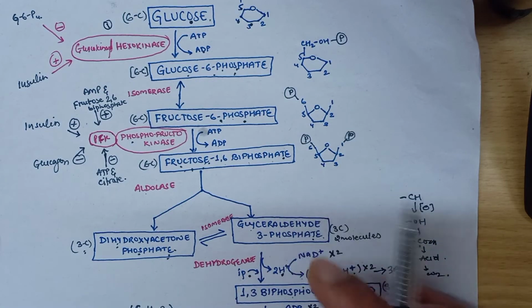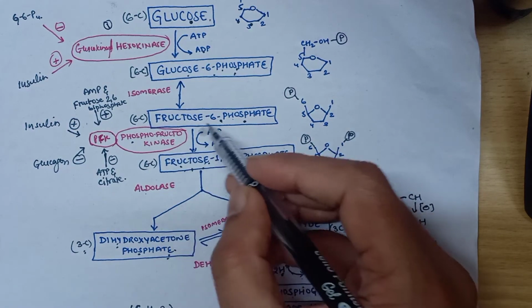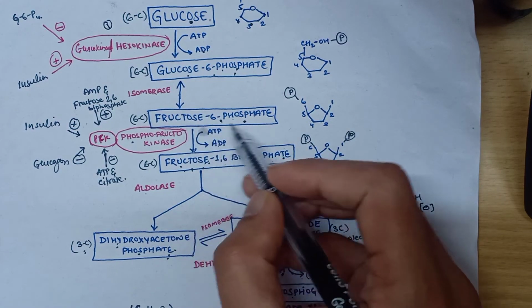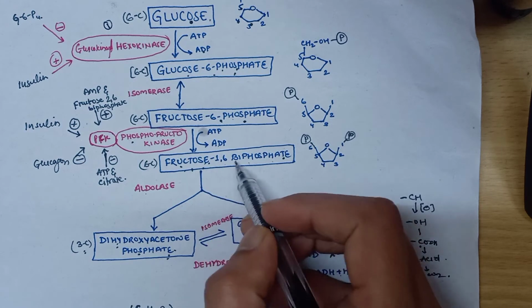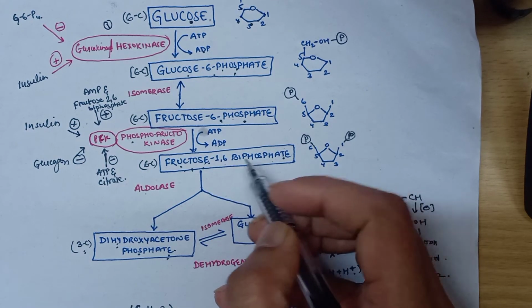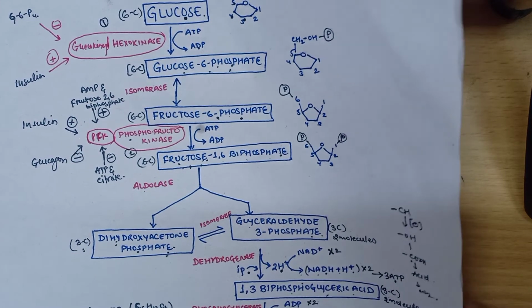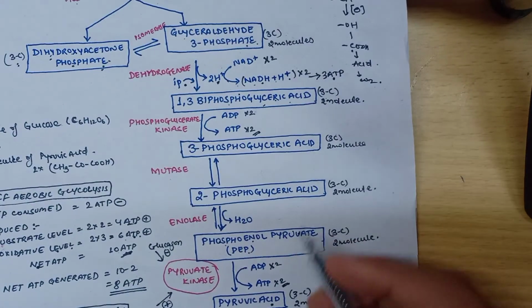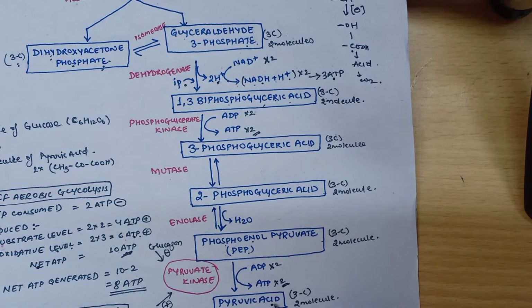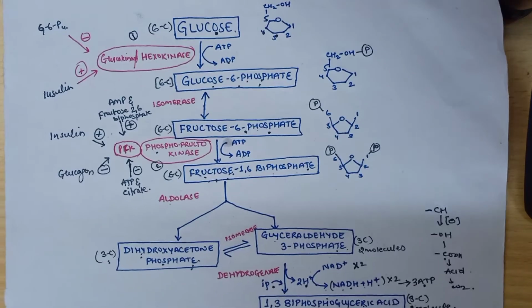The second irreversible reaction is when fructose 6-phosphate is converted to fructose 1,6-biphosphate. And the third irreversible reaction is when phosphoenol pyruvate is converted into pyruvic acid.